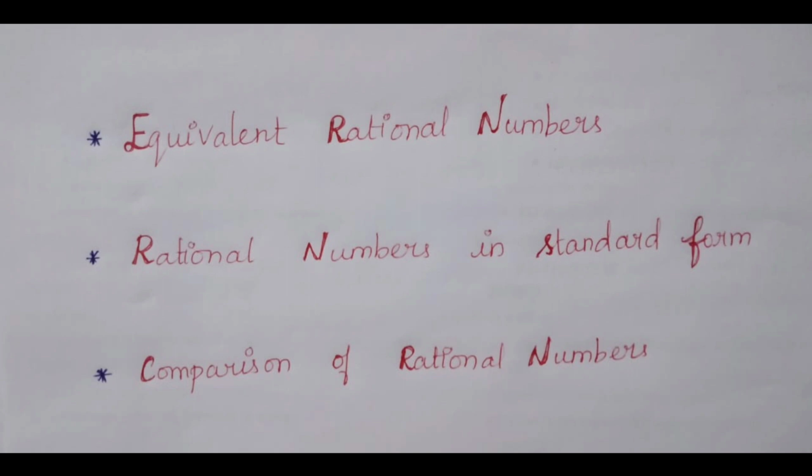We have to make the common factor 1 for a and b, and b should be positive. These are the conditions to convert rational numbers to the standard form. Next, we have seen how to compare rational numbers, which is greater or smaller. We have seen how to compare two negative numbers and one positive with a negative rational number.